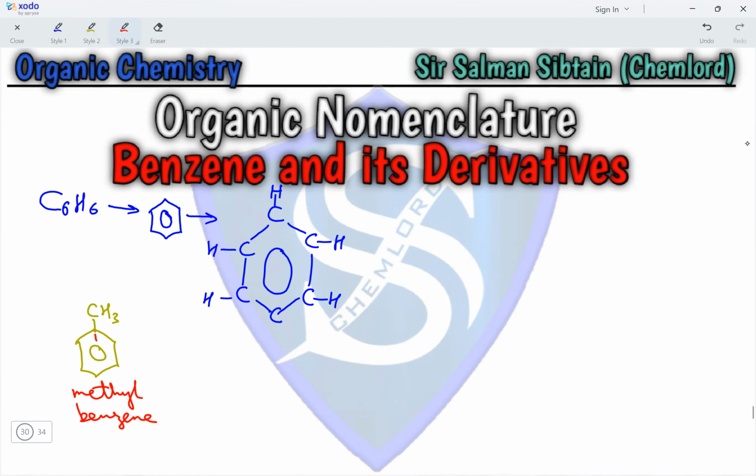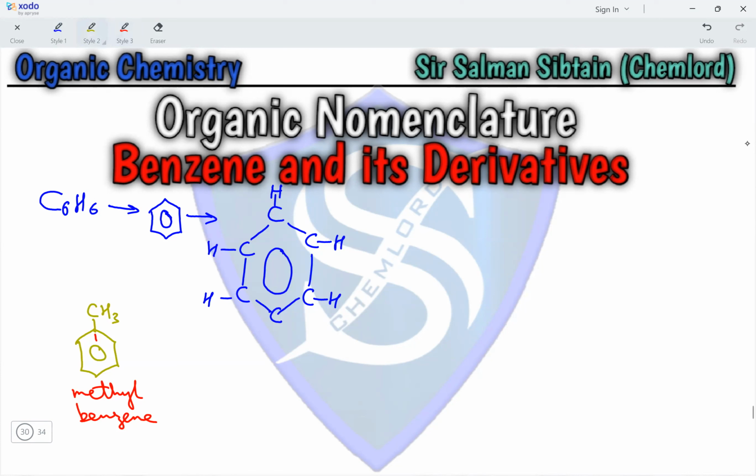Now, if the methyl group is placed on any of the six carbon atoms, that carbon atom would be called the first carbon atom, and the name of the compound would remain methyl benzene. For ease of writing, normally the substitute group, if it is only one, is written at the top, just like in methyl benzene as shown.